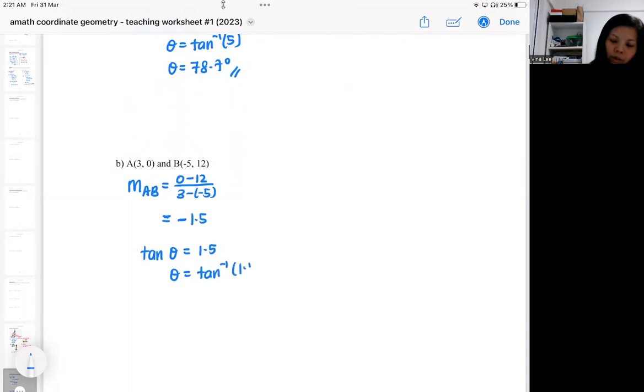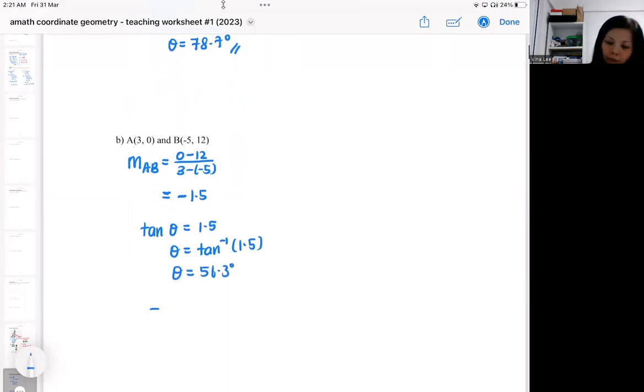In order to get the acute angle, I will ignore the negative. Then the angle made by the line, because in this case it's a negative gradient, you will just do 180 minus 56.3. So you will get 123.7.